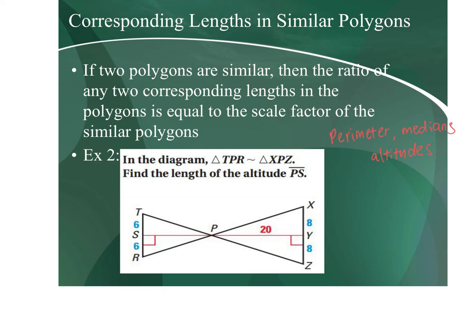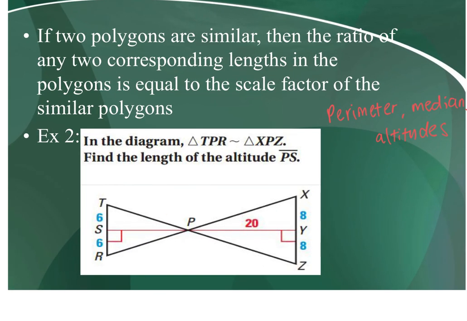So in this example down below, it says in the diagram, TPR is similar to XPZ. It says find the length of the altitude PS, okay?